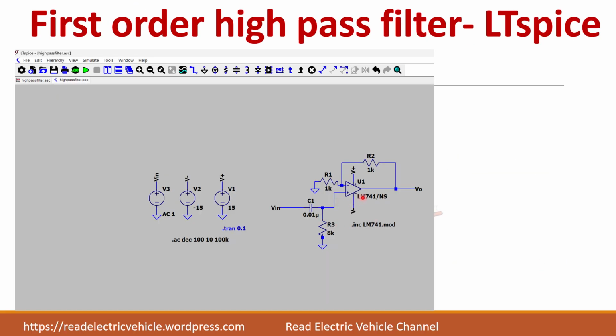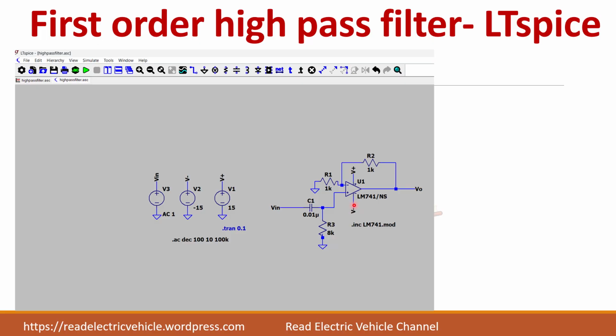So I have drawn the circuit using LTspice. The same circuit which I have shown earlier, I have drawn it, but I have used LM741. By default in LTspice, the LM741 op-amp is not available, but if you want, you can add it by adding the library.